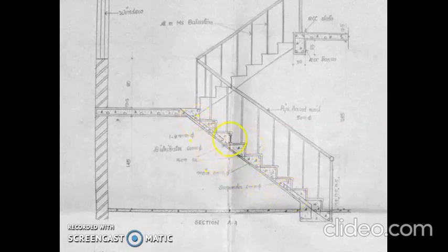Then draw the suspender bars, as we explained in the previous figure, the shape maintaining bars, then draw the corner bars.